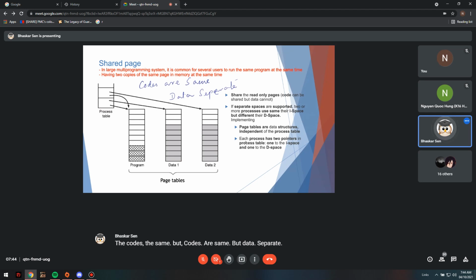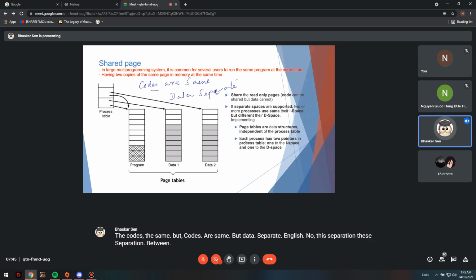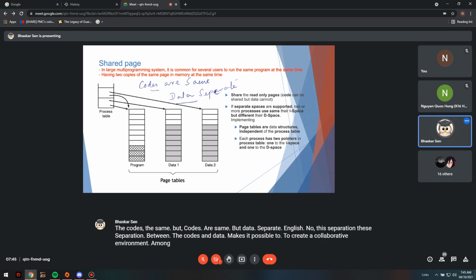Now, this separation between the codes and data makes it possible to create a collaborative environment among processes.